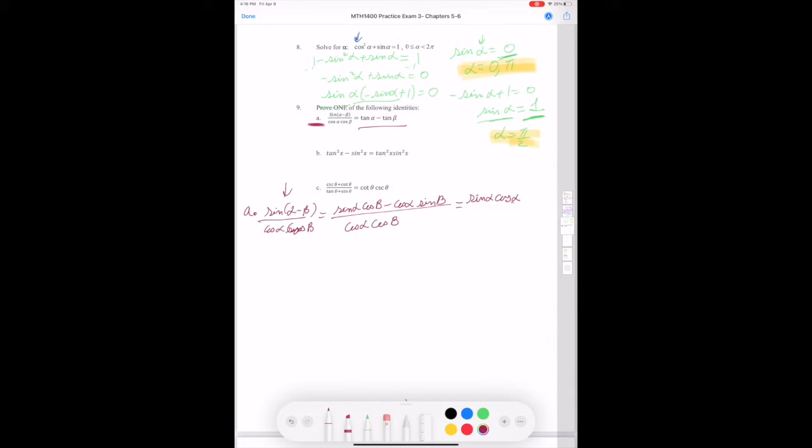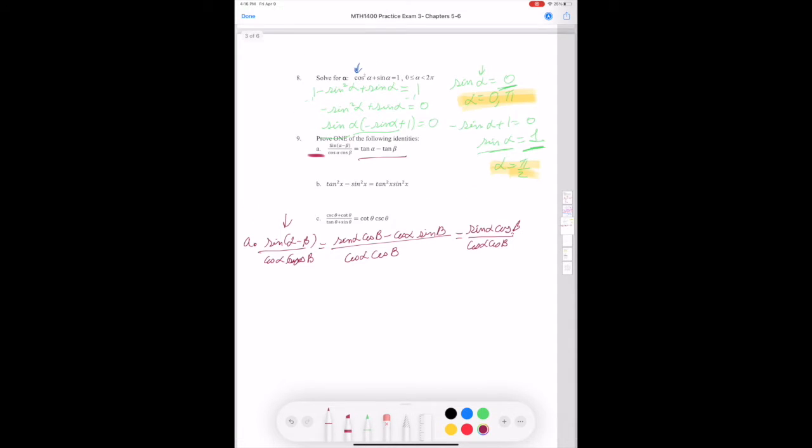So I have sine alpha cosine beta over cosine alpha cosine beta, minus cosine alpha sine beta over cosine alpha cosine beta.